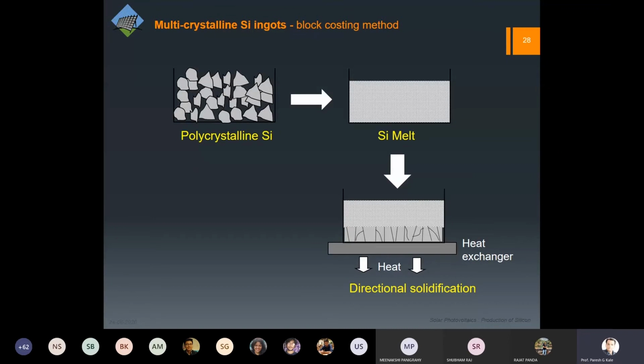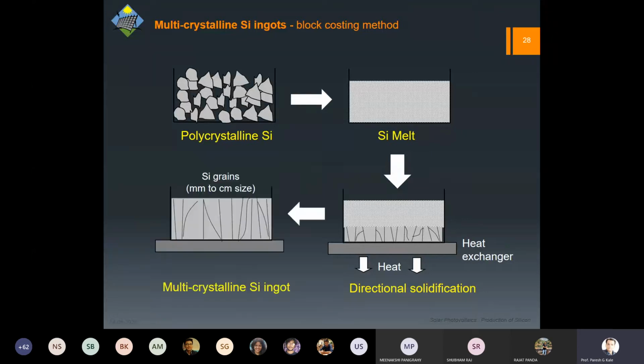It slowly starts cooling from the outer area to the inner, because of the heat exchanger that we are applying. And due to this directional solidification and local cooling, the silicon grains appear. They may be from a few millimeters to some centimeters in size, and that is how we get a multicrystalline ingot.